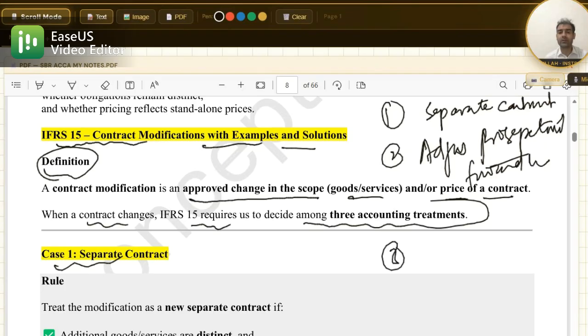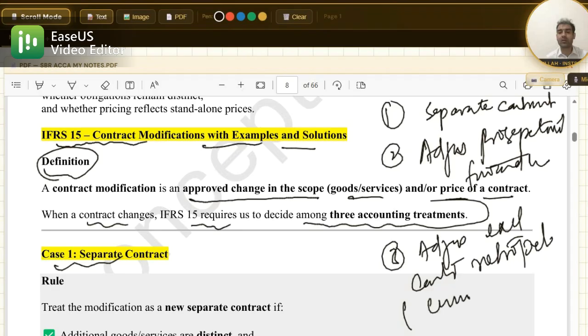And the third one is to adjust the existing contract retrospectively, looking backward, which means cumulative catch up. So today we will discuss all these three cases.